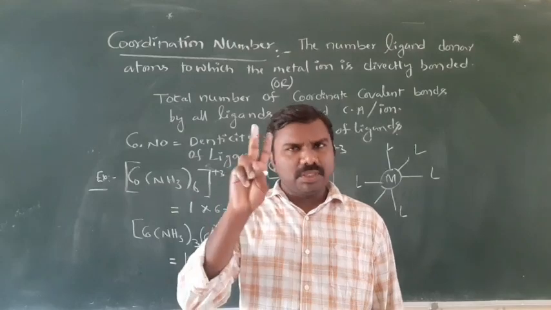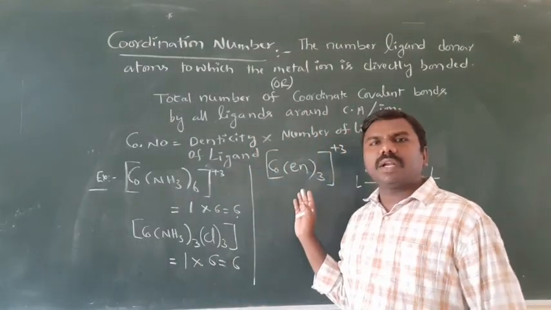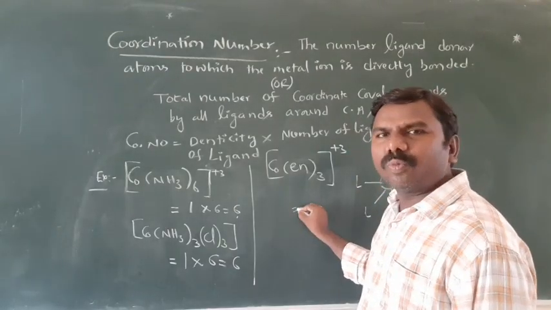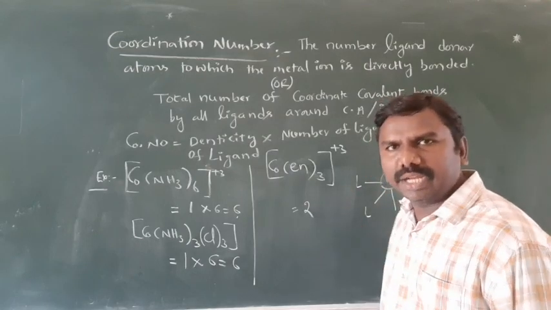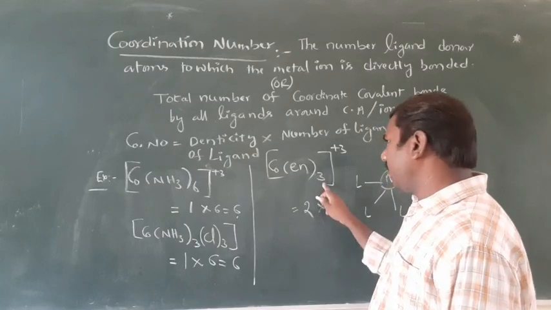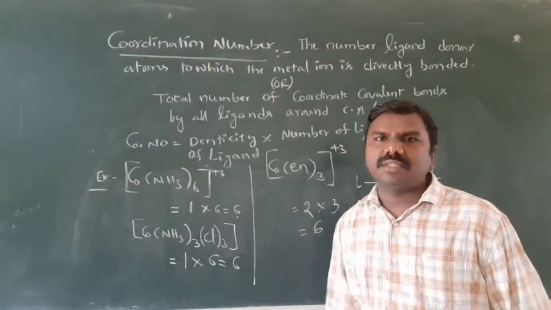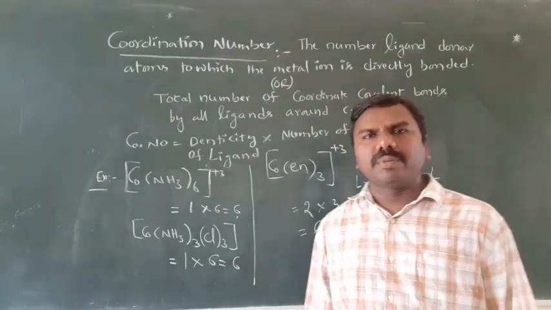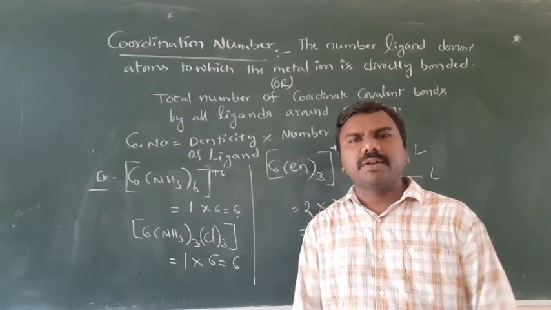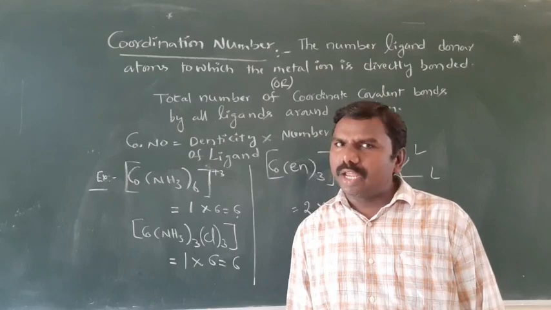So denticity equals 2 because it is a bidentate ligand, and total number of ligands is 3. It means 3 ethylene diamine. Totally 6 is the coordination number of cobalt. It means 6 coordinate covalent bonds surround the central cobalt atom or ion.